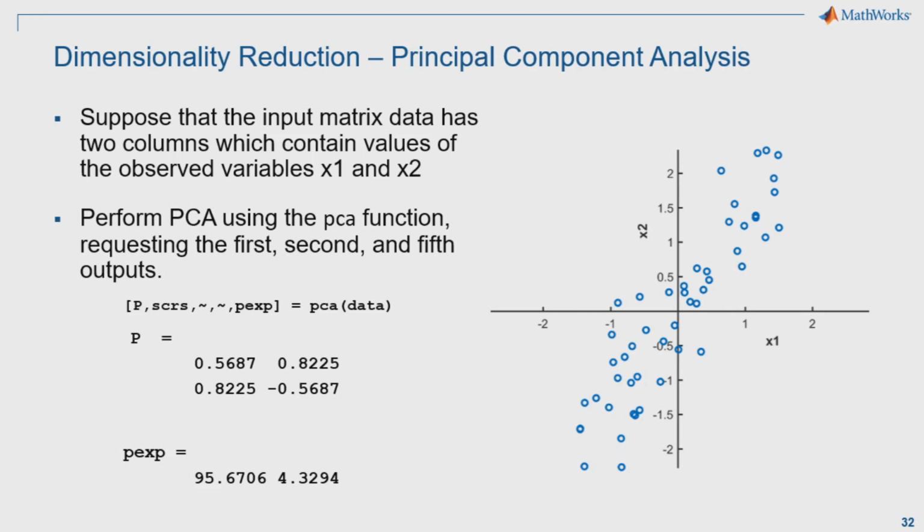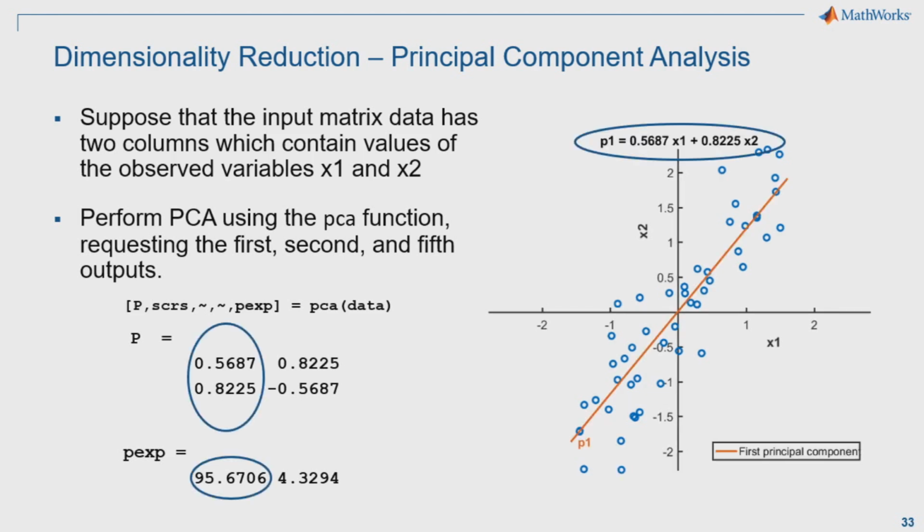From the matrix P, we have the matrix of the eigenvectors, which are the columns of the matrix that gives the rotation, also called the principal components, where we want to rotate our data set. And we have also the amount of variance explained for each of these principal components.